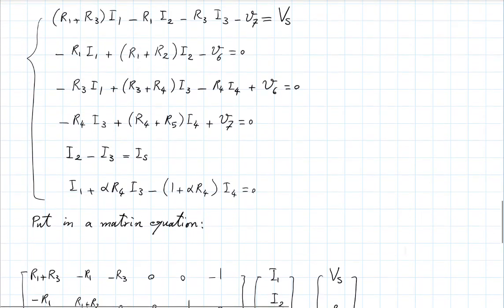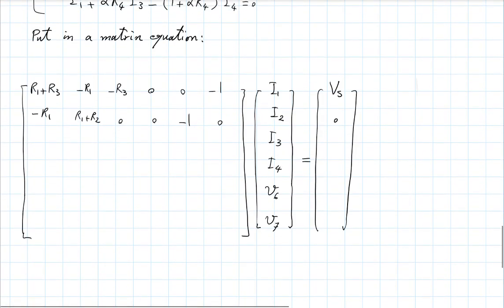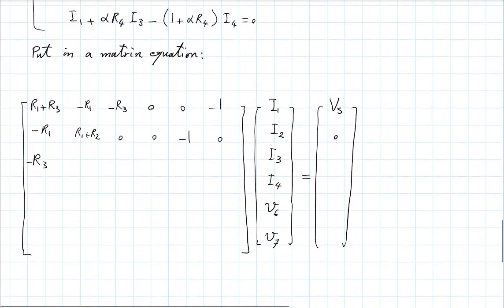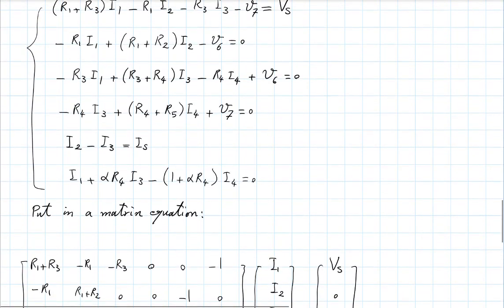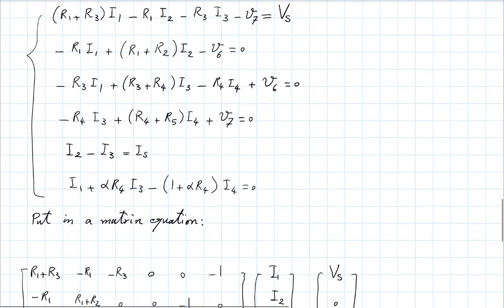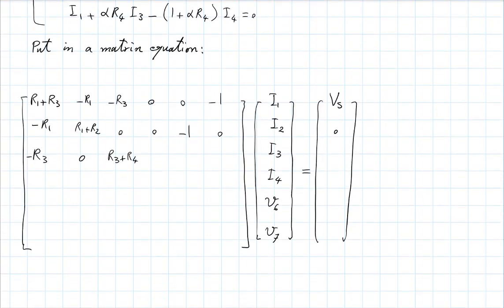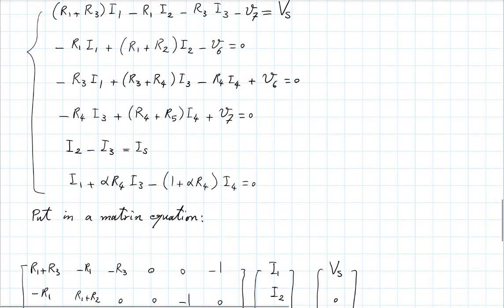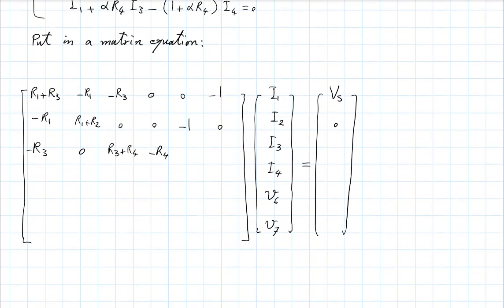Again 0. For the third equation, minus R3 for I1. For I2 I have 0, and for I3 I have R3 plus R4. I'm looking at the third equation. Then minus R4 for I4. And then I have 1 for V6, and then 0 and 0.